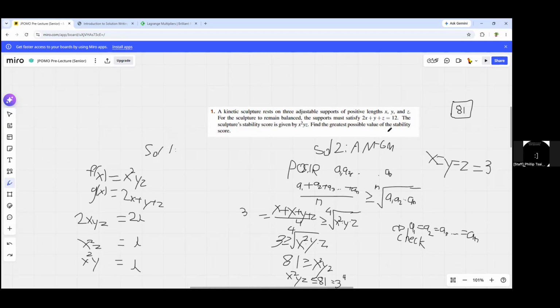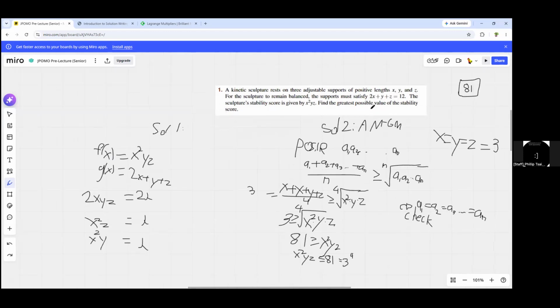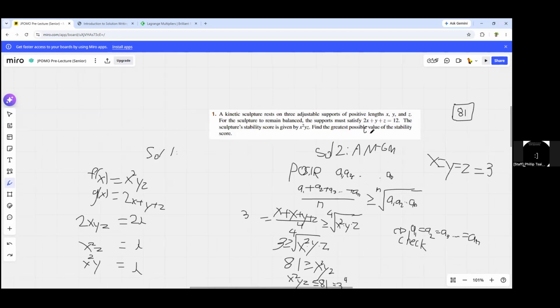We can just set y to be really close to 0.